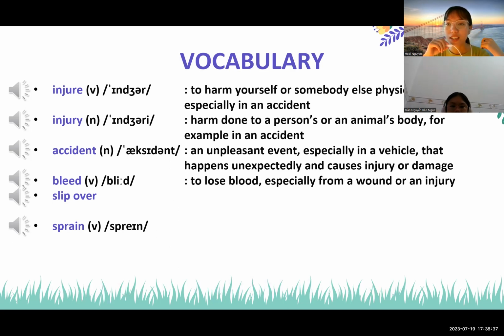Blood is a liquid in our bodies, right? And bleed here is a verb. When you cut your finger, you may bleed all over your trousers or all over your T-shirts or your shirts.